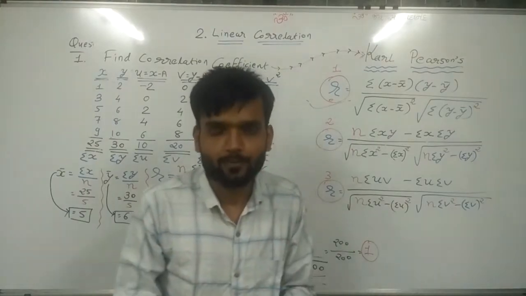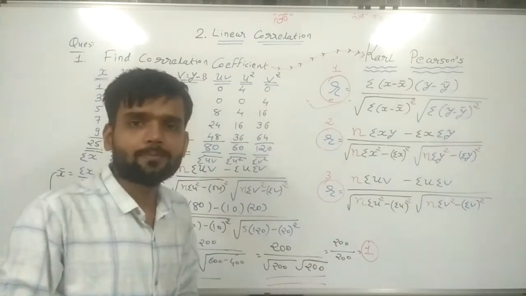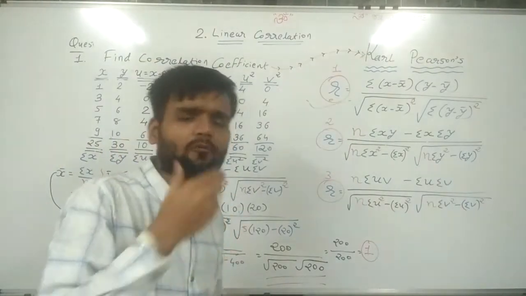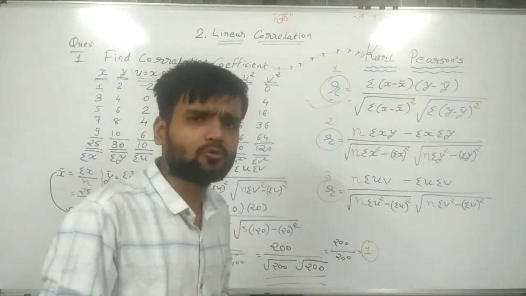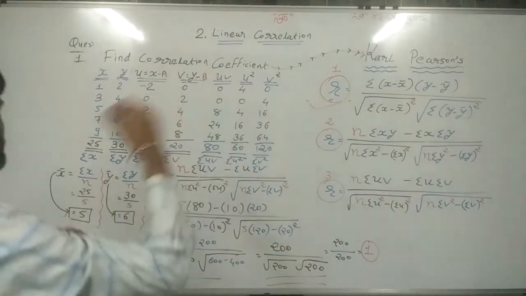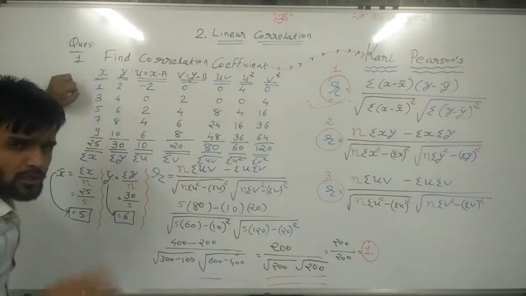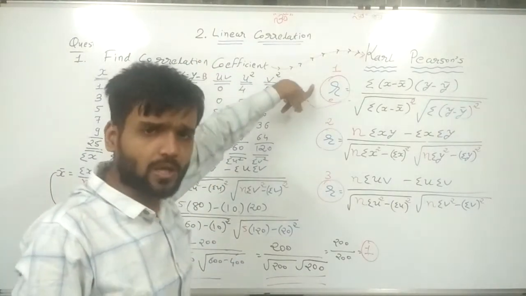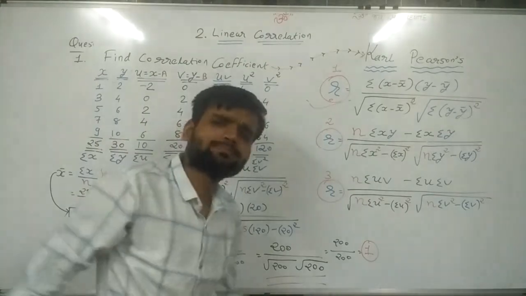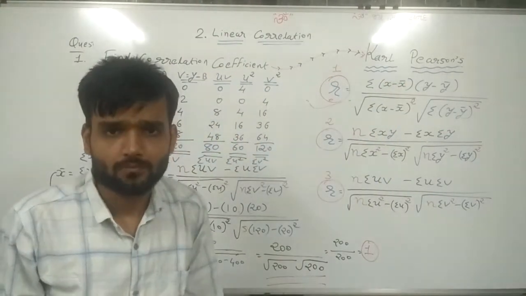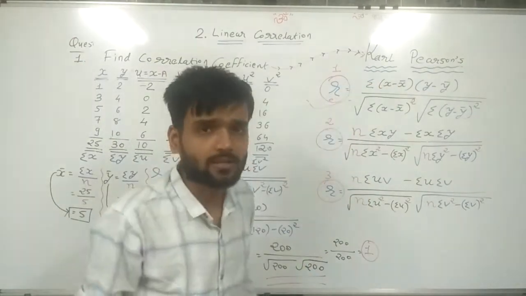So today, what is our first step? How to find u? What is the value of u? How can we find it? Now see here. First of all, remember in the first sum, what we did: we found x minus x bar.